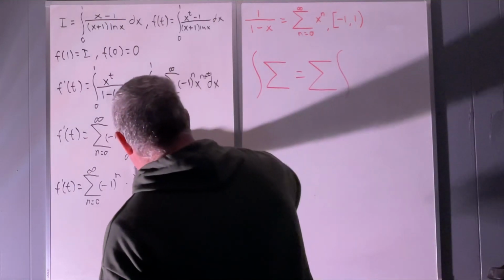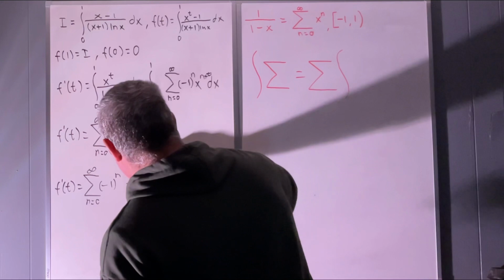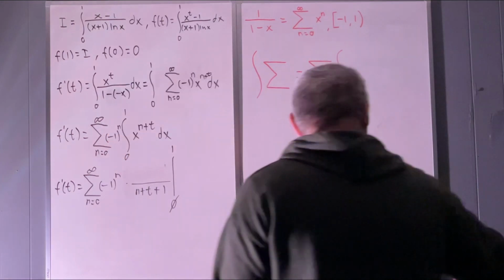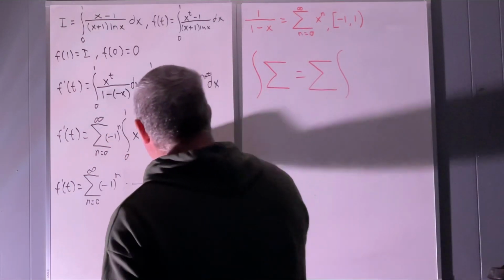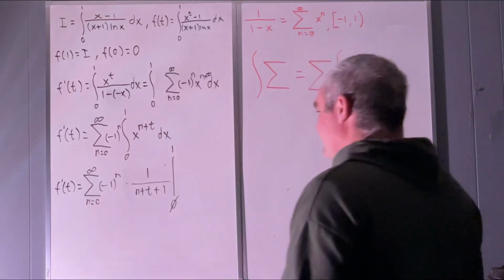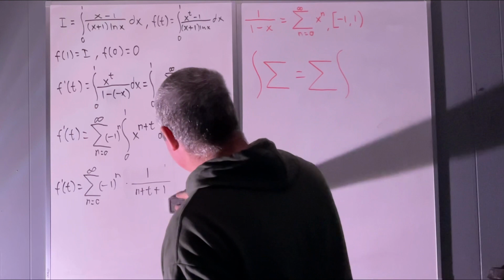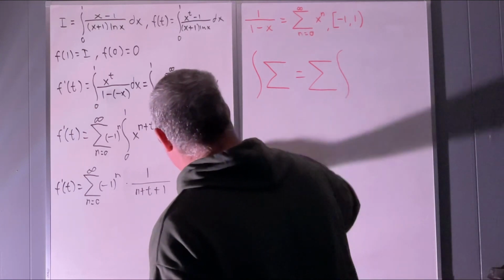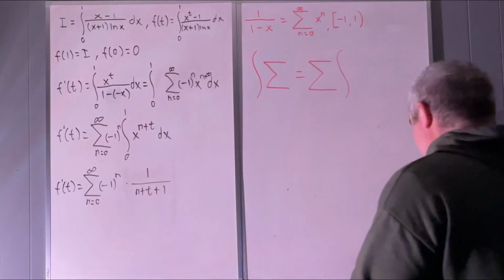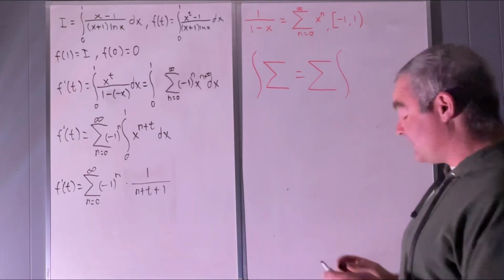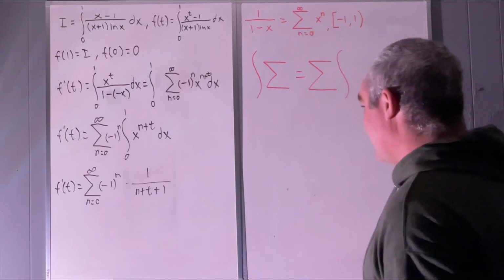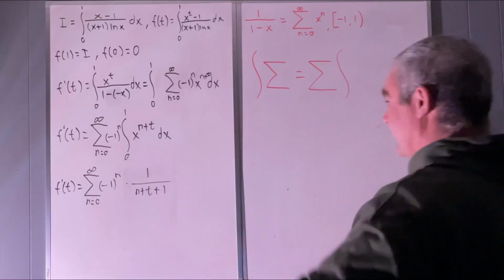So we would just get 1 over n plus t plus 1. I hope I didn't make any silly mistakes. If I did, you'll never know it because I would not post the video. So if you're seeing this video, this is correct.